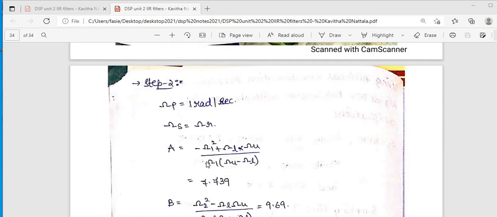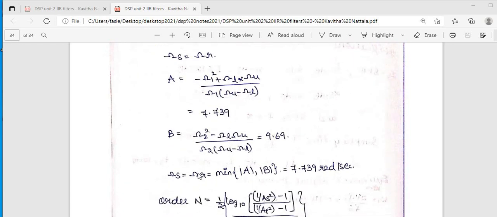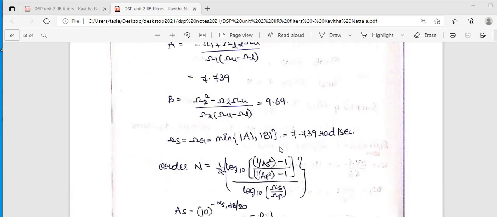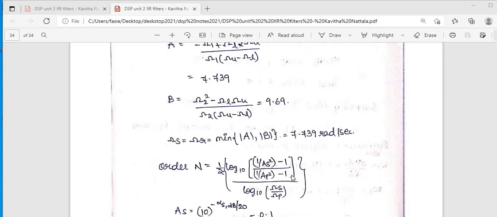Simplify this, the values are there above; you only have to substitute. We get A as well as B. Then we find omega S, that is the minimum of A and B. 7.739 is obviously the minimum compared to 9.69. So we took 7.739 radian per second as the stop band frequency.